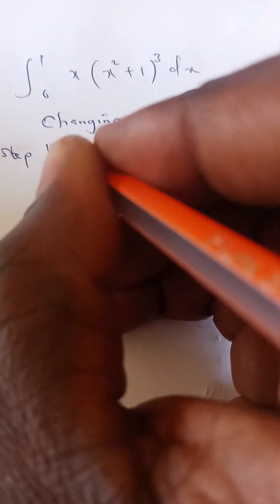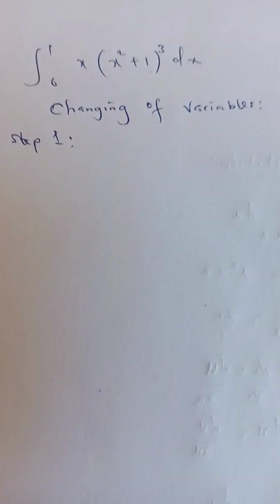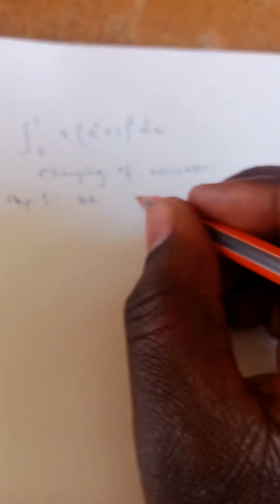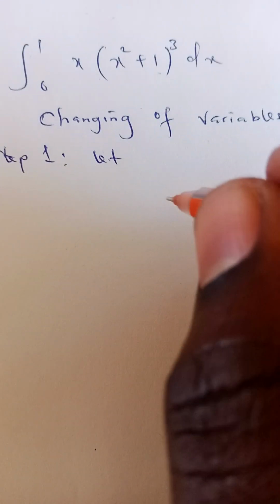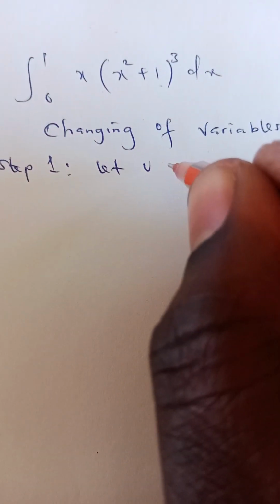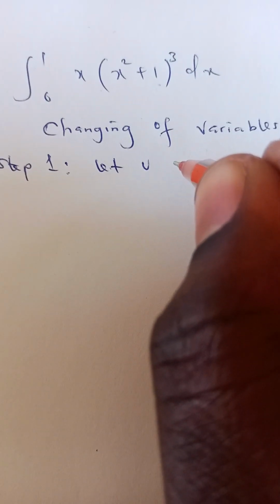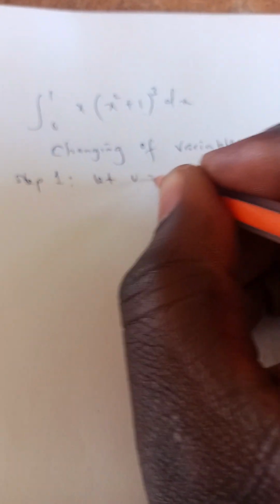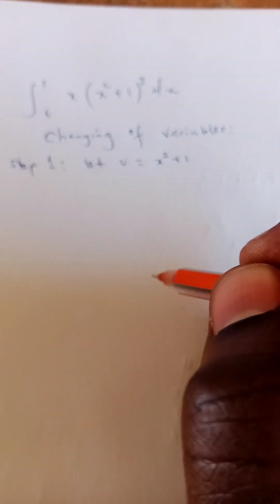So we're going to say step 1, right? I'm going to say let u be equal to 2x plus 1, right?